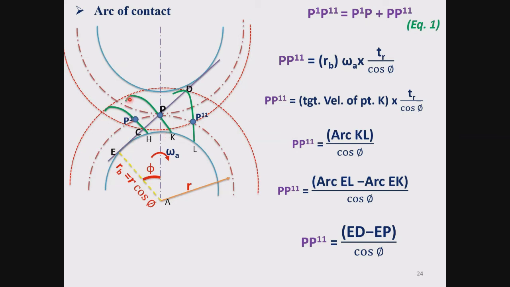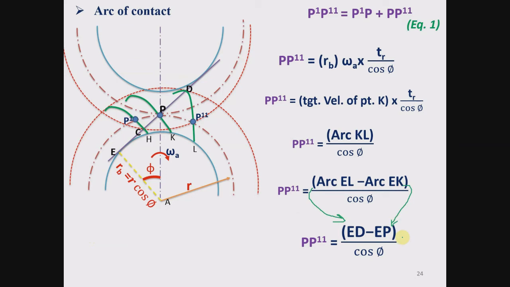Now the involute at point K on the base circle, which is passing through point P, is generated by the straight line EP, which is rolling on this base circle. So property of involute tells us that linear distance EP is equals to arc length EK. So I have written this. What we have written? Arc EL is equals to linear distance ED, and arc EK is equals to linear distance EP.